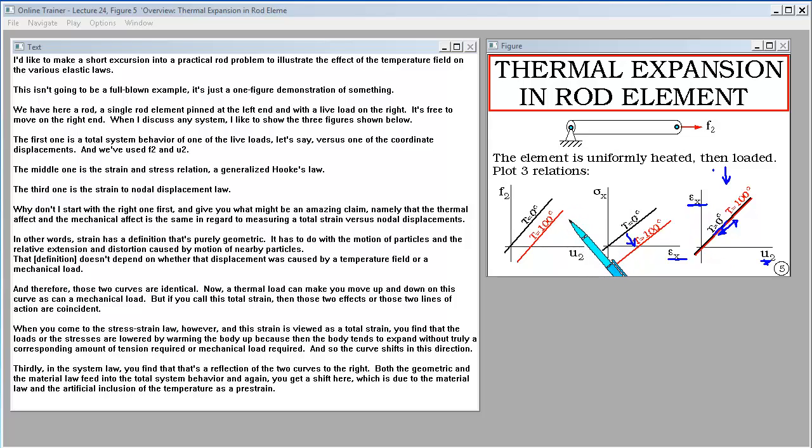Thirdly, there in the system law, you find that that's a reflection of the two curves to the right. Both the geometric and the material law feed into the total system behavior, and again you get a shift here, which is due to the material law and the artificial inclusion of the temperature as a pre-strain.